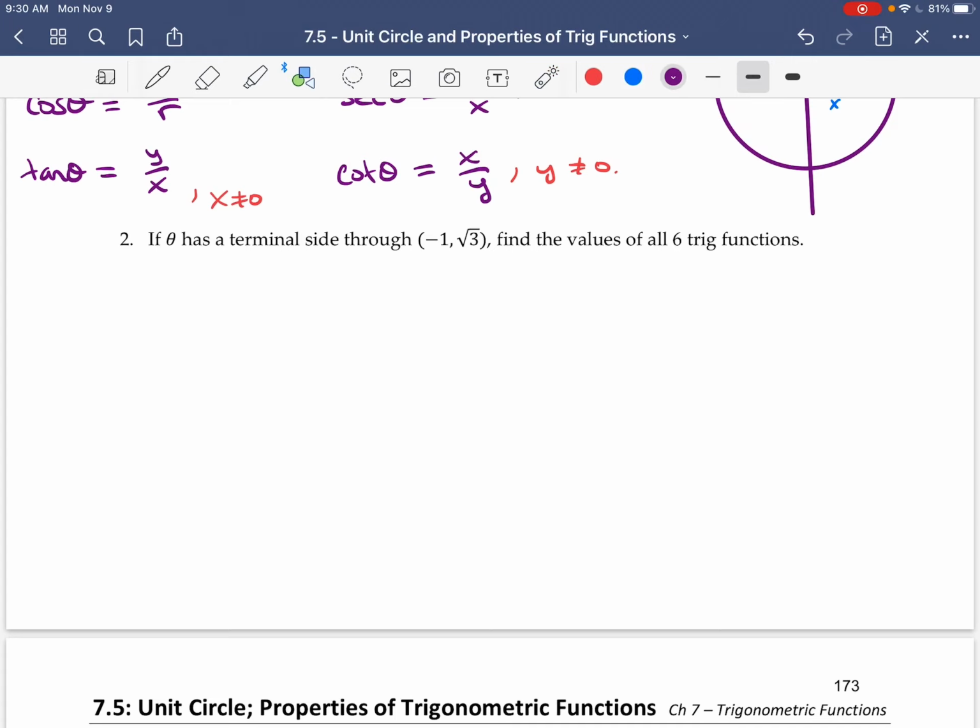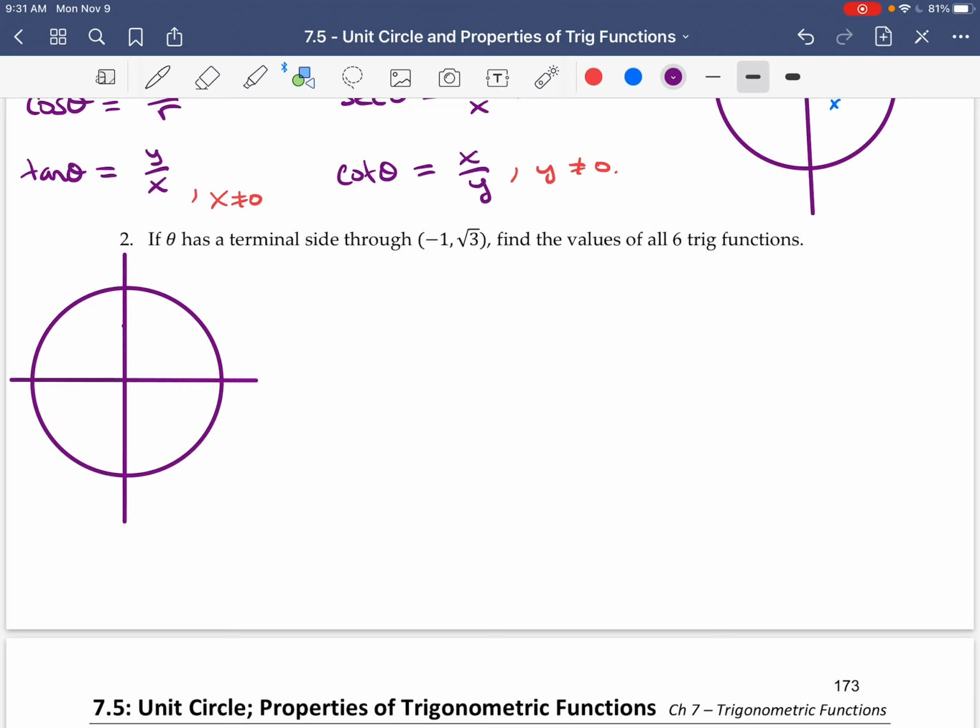So I'm going to draw the one that it is on, and we're going to have to determine the radius later. So (-1, root 3), the x is negative and the y value is positive, so it's going to be somewhere up here.